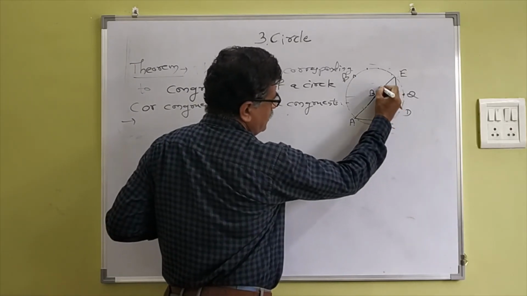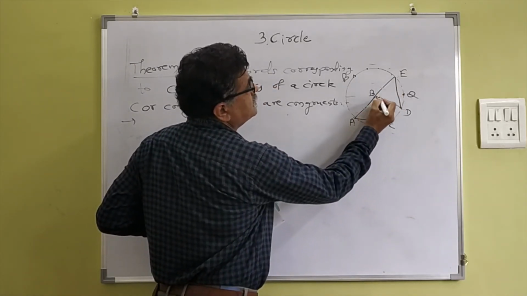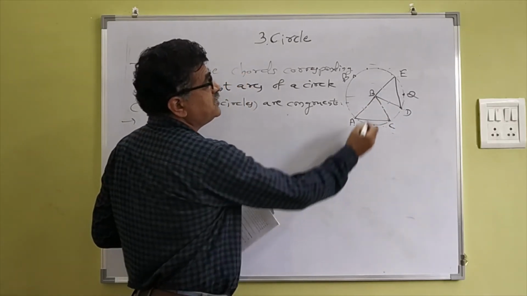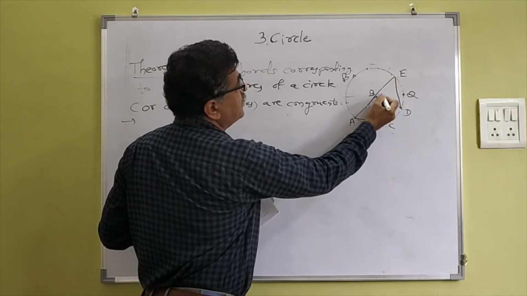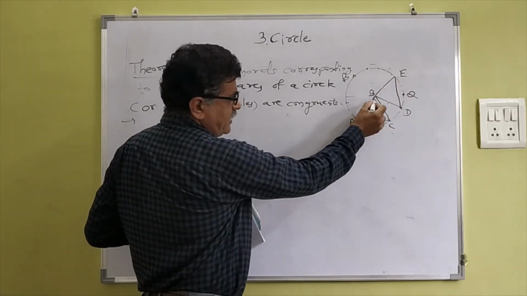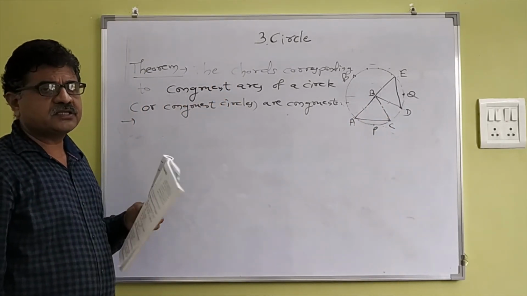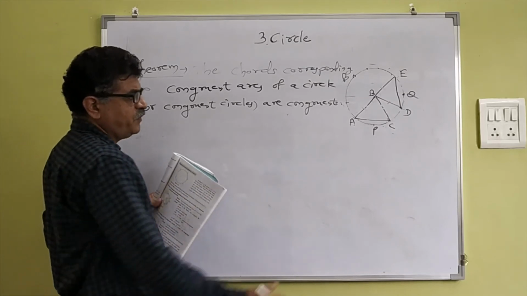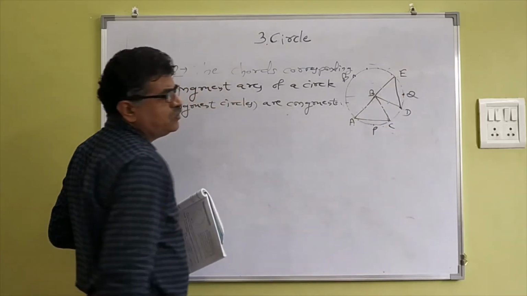These two are also congruent, radii of the same circle. And these two angles are congruent because these are central angles of congruent arcs. Therefore, by SAS test, these two triangles are congruent, and corresponding sides of congruent triangles are congruent, therefore AC is congruent to DE.